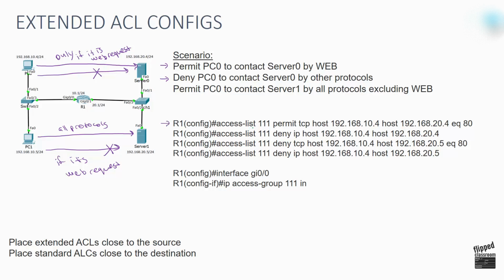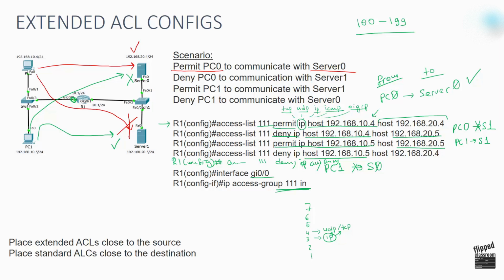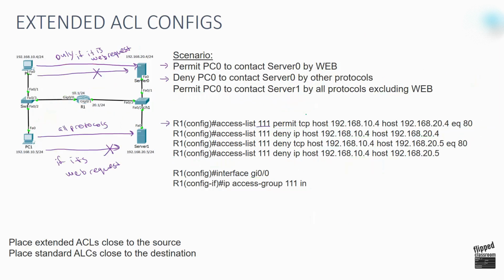We are creating an access list, the same number, access list 111, and we are permitting communication. And look, guys, before we used IP, but now we are using TCP. If we are using TCP, then at the end of our access list we can use the port number, the destination port number.